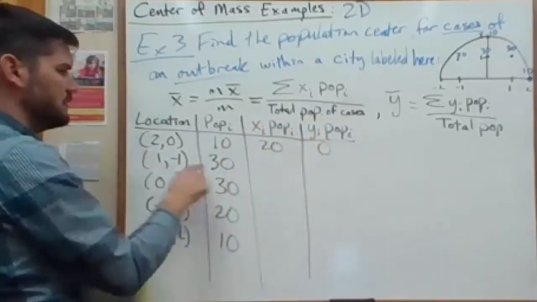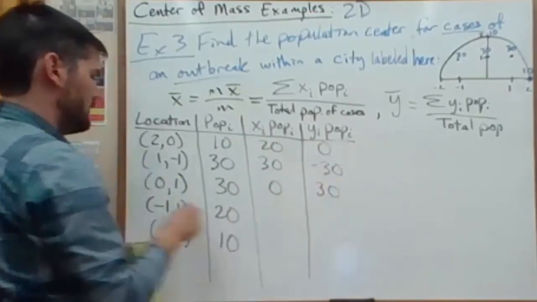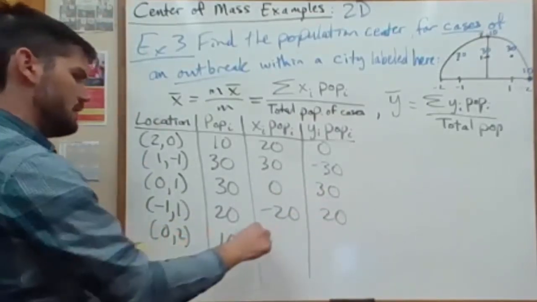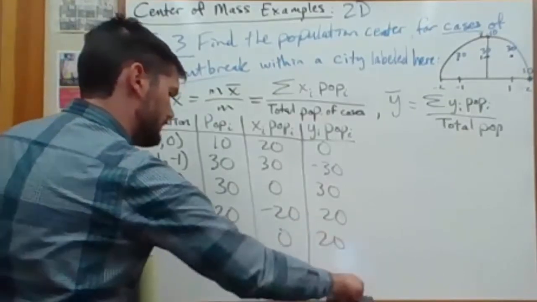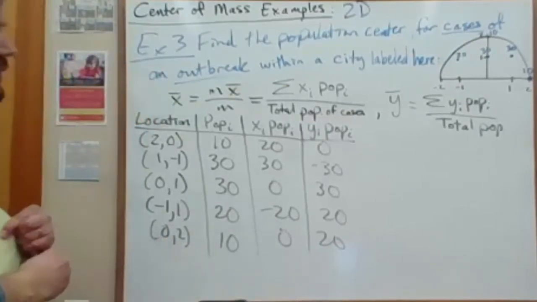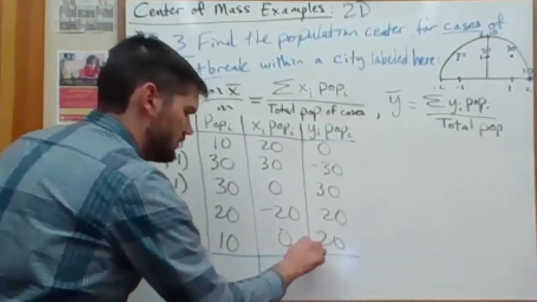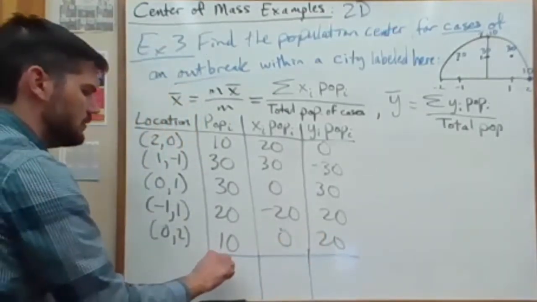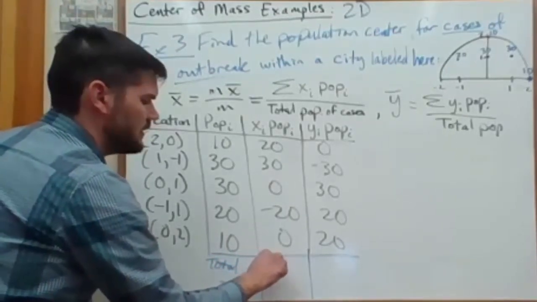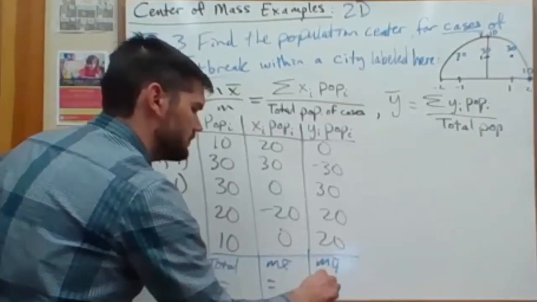Get 20 and 0, 30, -30, 0, 30, -20, 20, and 0, 20. And now, when we add up, we tally these pieces, we're going to get our total, our moment Mx bar, and our moment My bar.